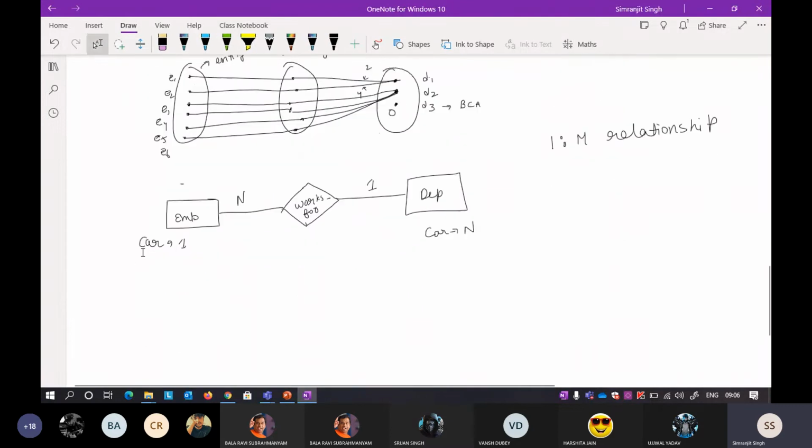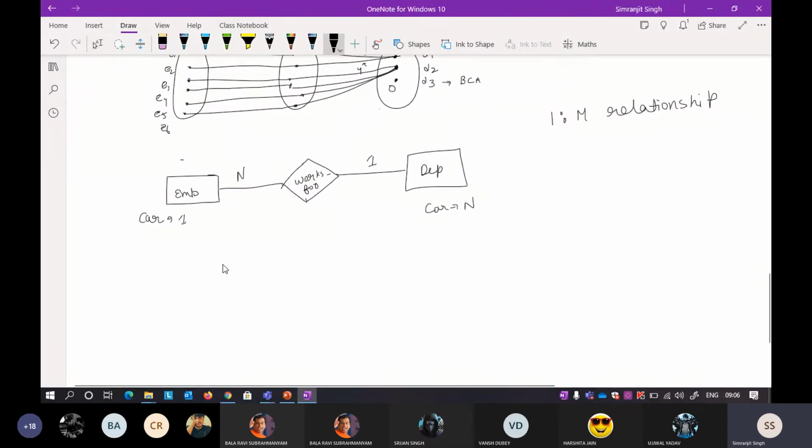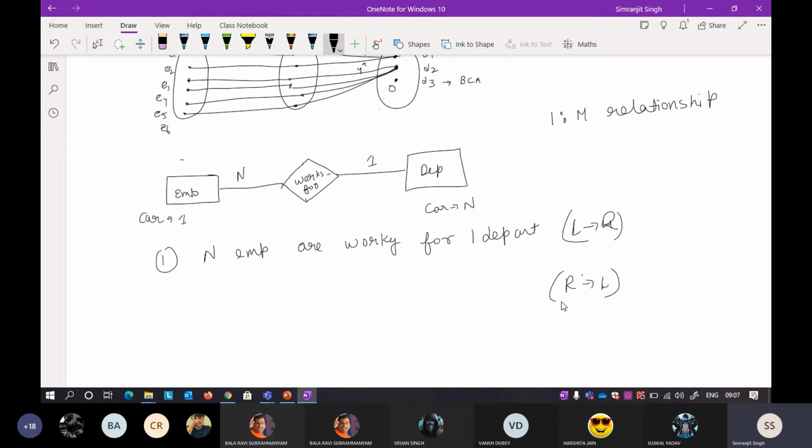So from both sides, you can easily see that n employees are working for one department, if you're seeing from left to right. Now if you're seeing from right to left, it is saying that one department can have many employees.